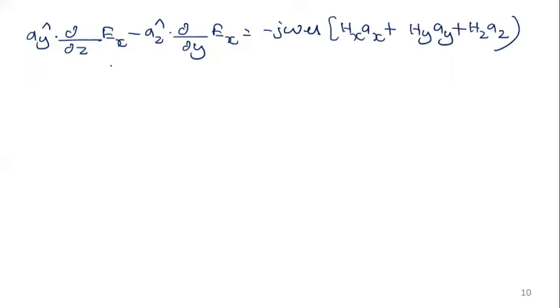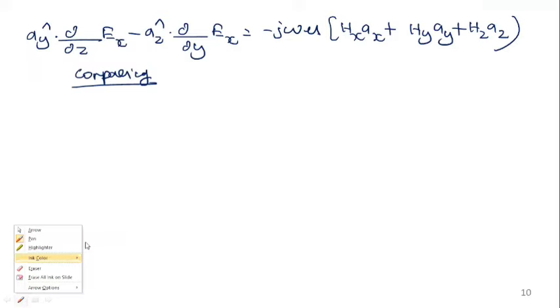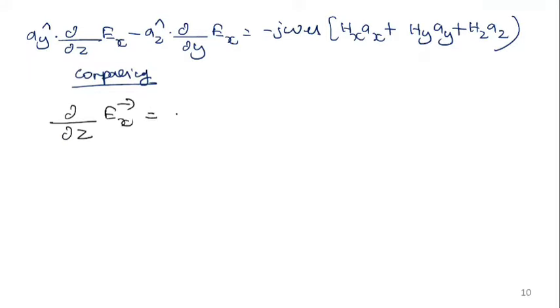But we are considering only the x component. So what we should do, we can compare the corresponding components, right? So comparing LHS and RHS, dou by dou z of Ex is equal to minus j omega mu Hy.